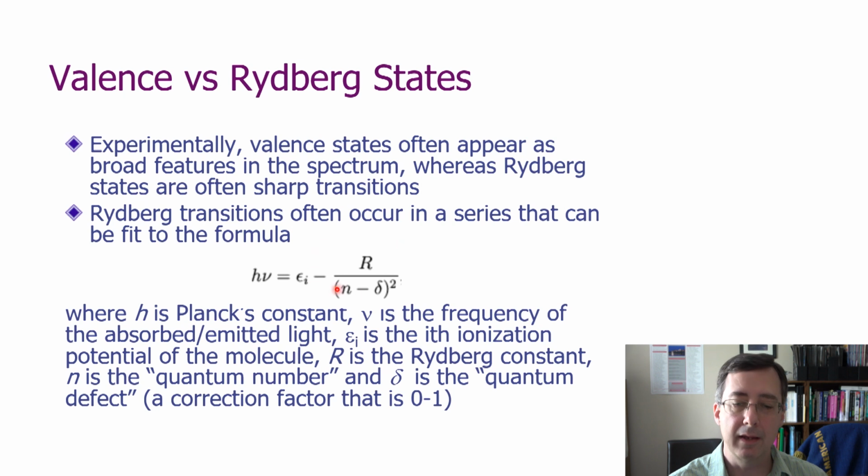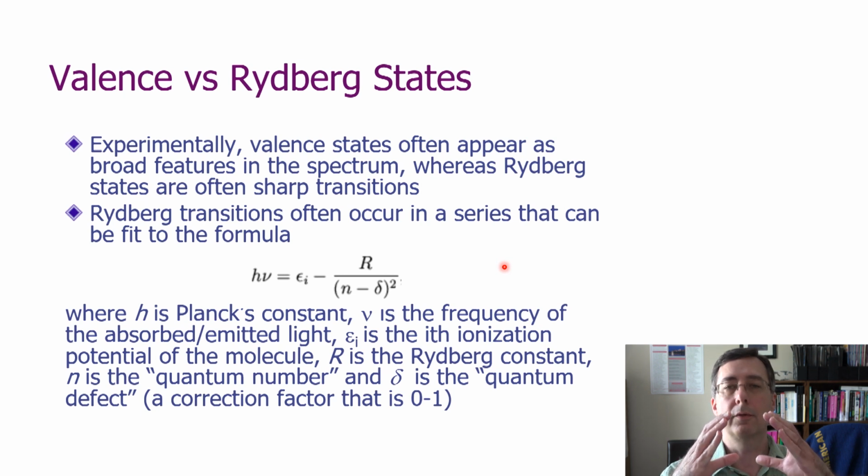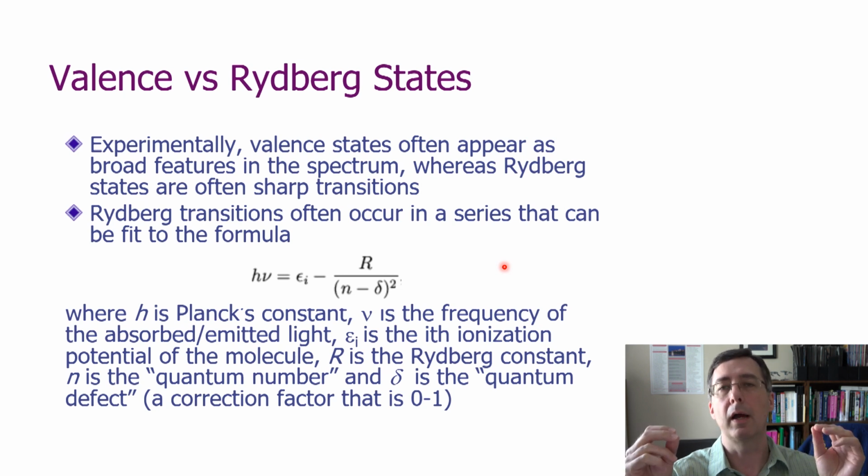So this is a very nice structure, and if you see a series of lines that would fit to this, then it tells you that you do see a Rydberg series. And the series simply corresponds to the fact that this loosely held electron that's on the outskirts of the molecule can be in a certain quantum level or the next quantum level or the next quantum level. There are levels that are bigger and bigger and bigger, but their energies are not very different. Why?